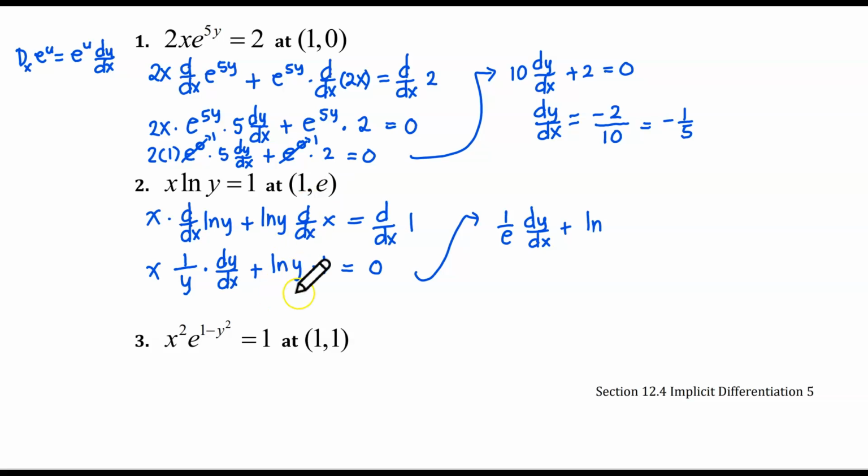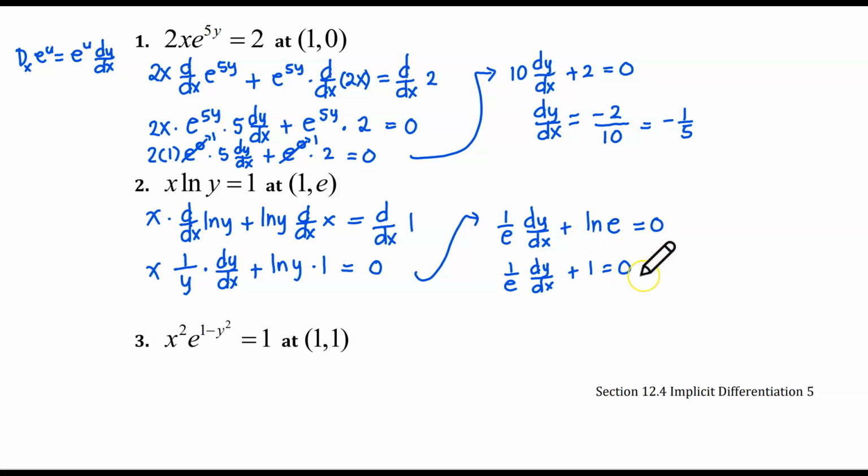Y is e. So ln e times 1. Equal to 0. Now ln e is just equal to 1. So therefore, you have 1 over e dy/dx plus 1 equal to 0.